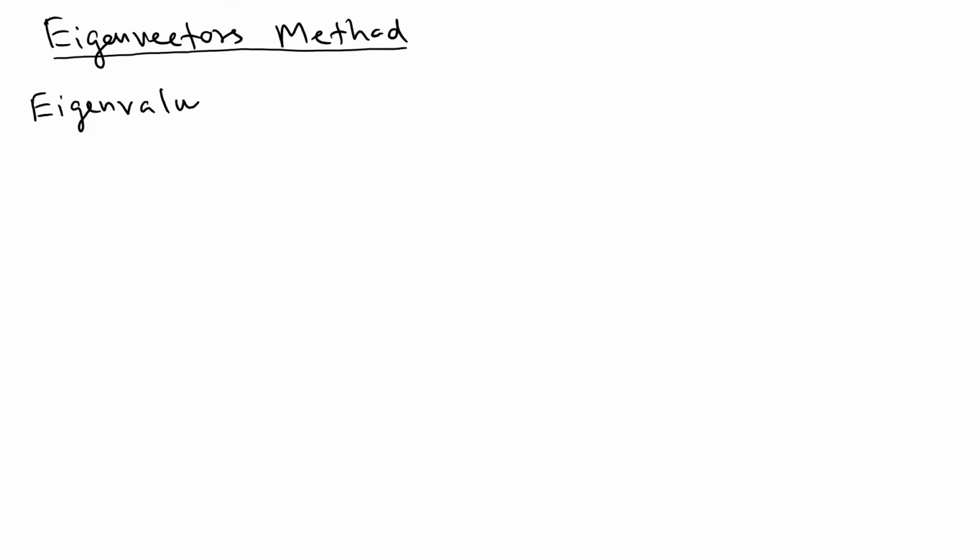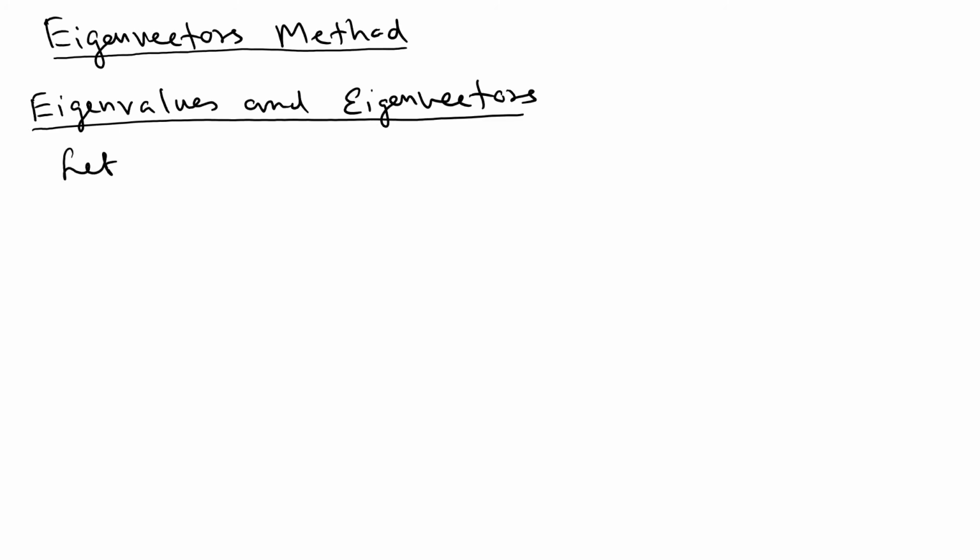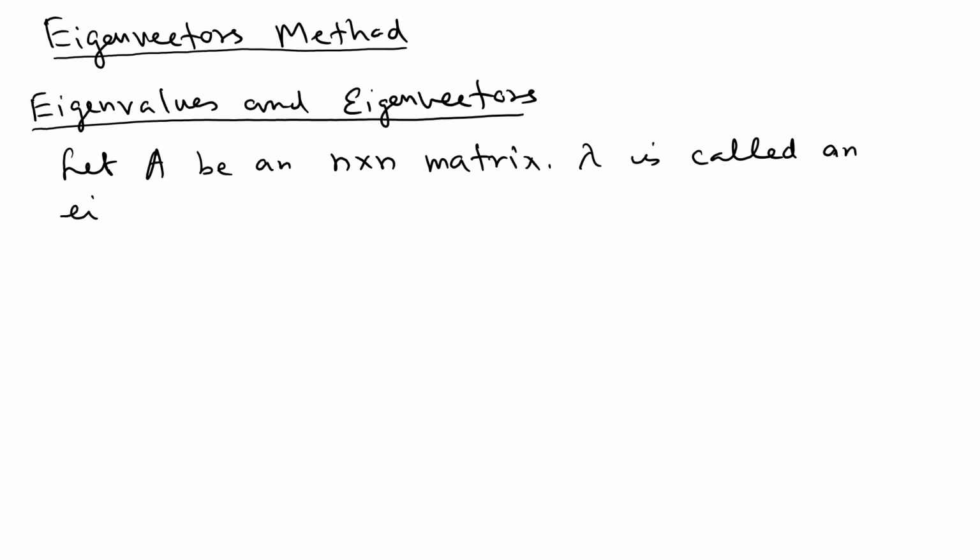Eigenvalues and eigenvectors. So let's say let A be an n by n matrix. Lambda is called an eigenvalue. It's one word, eigenvalue.